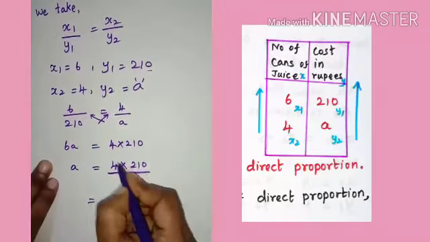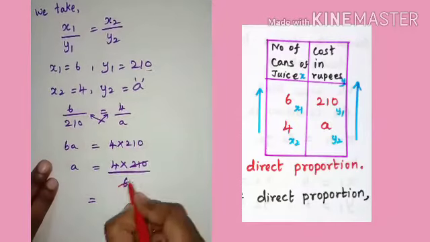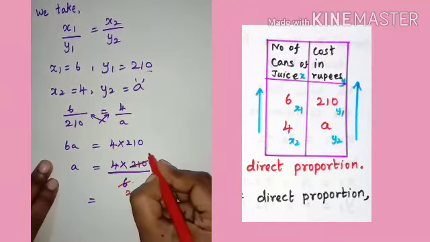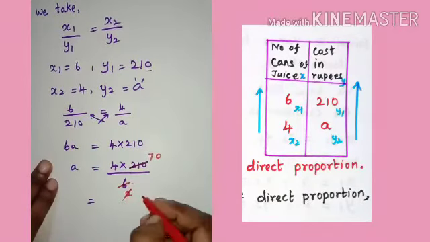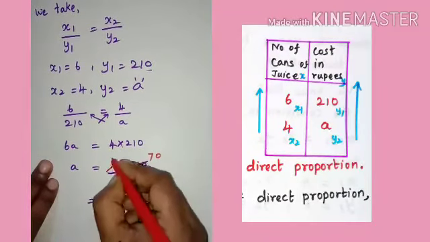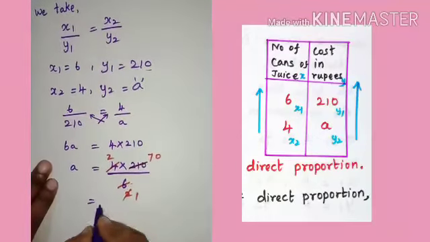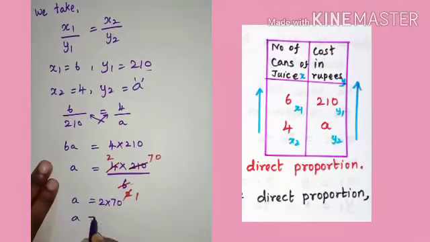Now cancelling 210 and 6 by using the 6th table, here it is 1 time and here it is 35 times. Again, when we cancel 2 and 4 by using the 2 table, here it is 1 time and in the numerator it is 2 times. So 2 into 70, that is a is equal to 140.